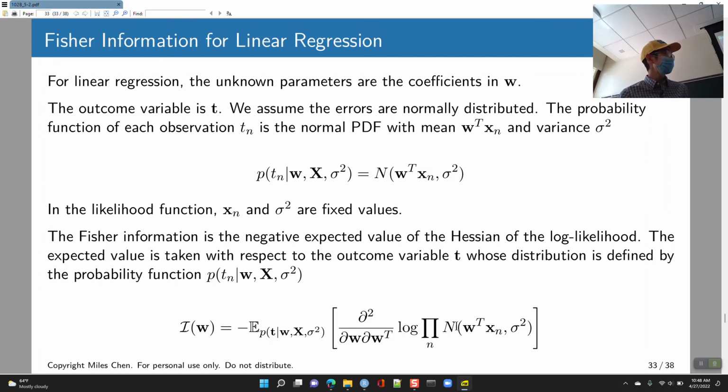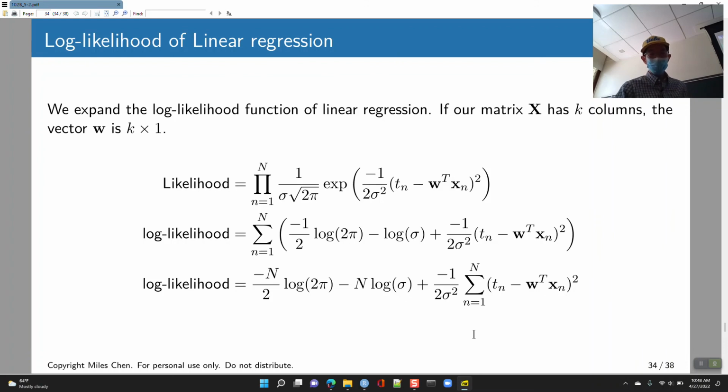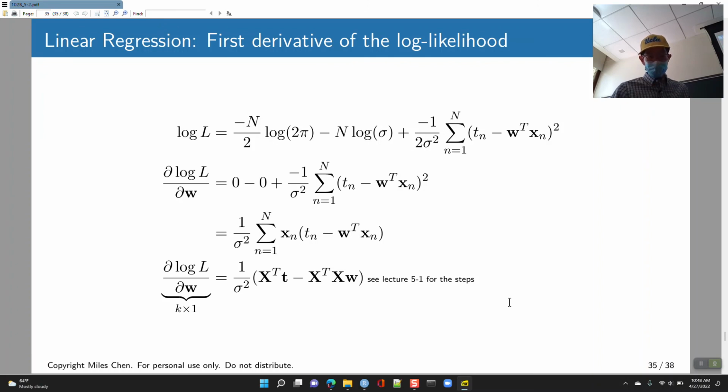So we have the log of this likelihood function. If I expand all of this out, the log likelihood is this, and now I want the gradient of the log likelihood with respect to w, which gives me this.